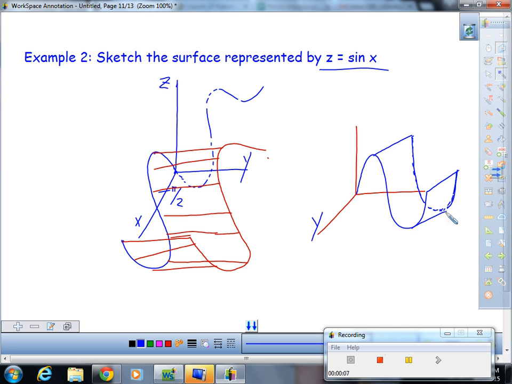You need a trace there, a trace here, a trace there. Hold on, let me show you why these don't look great. The traces need to be parallel to that. So this would look perfect if I did it like this, like this, like this, like this.